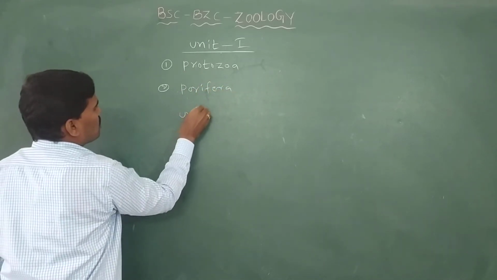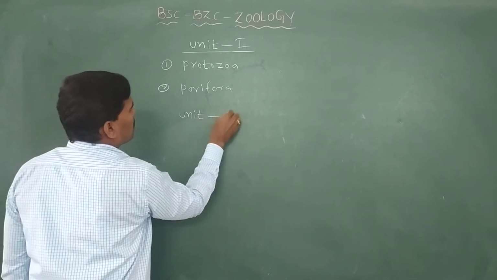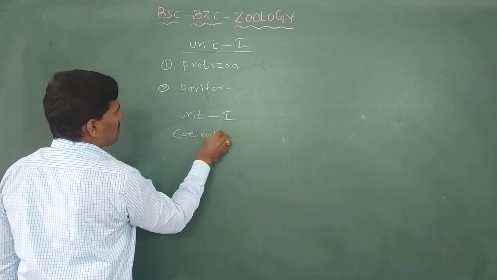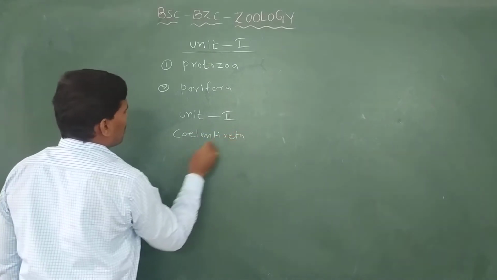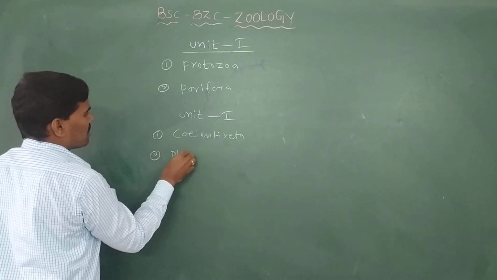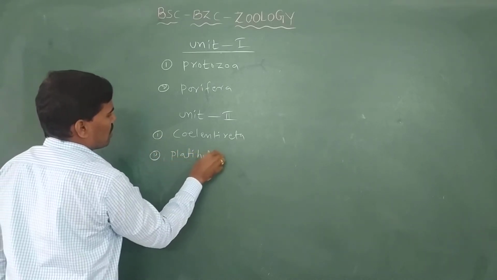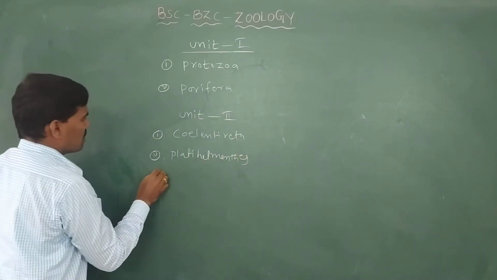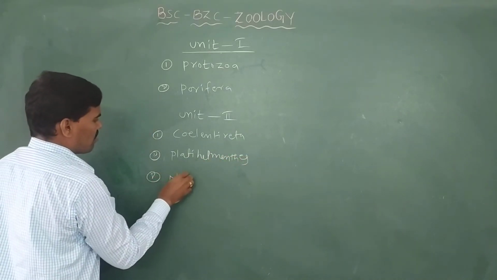the second one is Porifera. Unit 2: Coelenterata, Platyhelminthes, and the third one, Nematihelminthes.